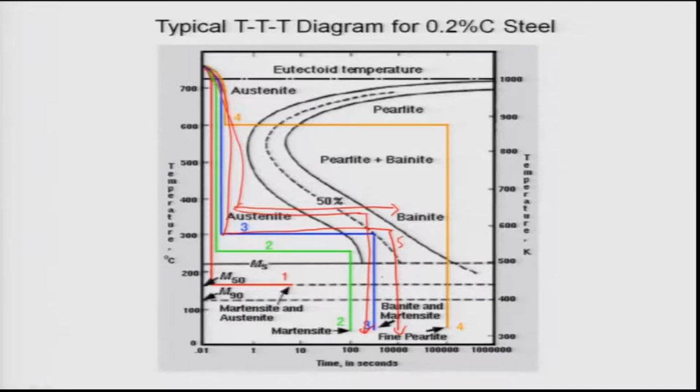And the 4 which is shown here basically leads to pearlite, obviously, because you are cooling it down and keeping it at a high temperature, 600 degrees Celsius, for a long time. So as you cross these noses, you will form pearlite, as I told you earlier also. The moment you cross these curves, pearlite is bound to form, because that is the most stable product in these systems.